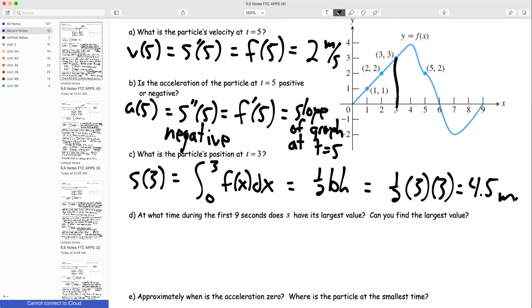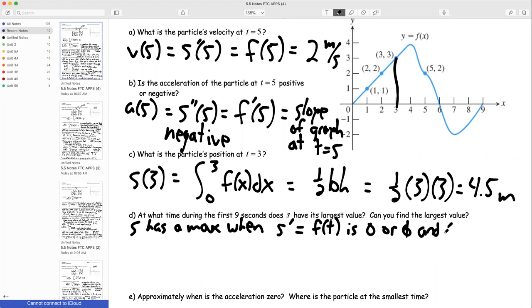So I'm going to say s has a max when s prime, which is equal to f of t, is 0 or undefined and changes from positive to negative.